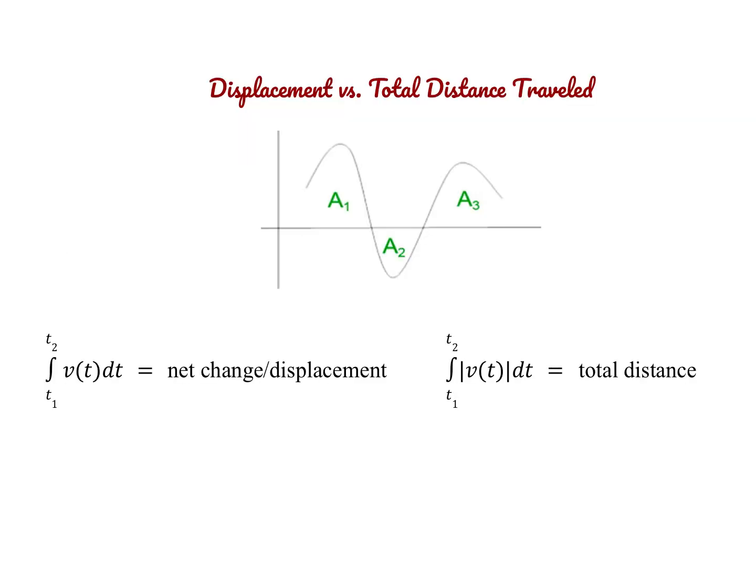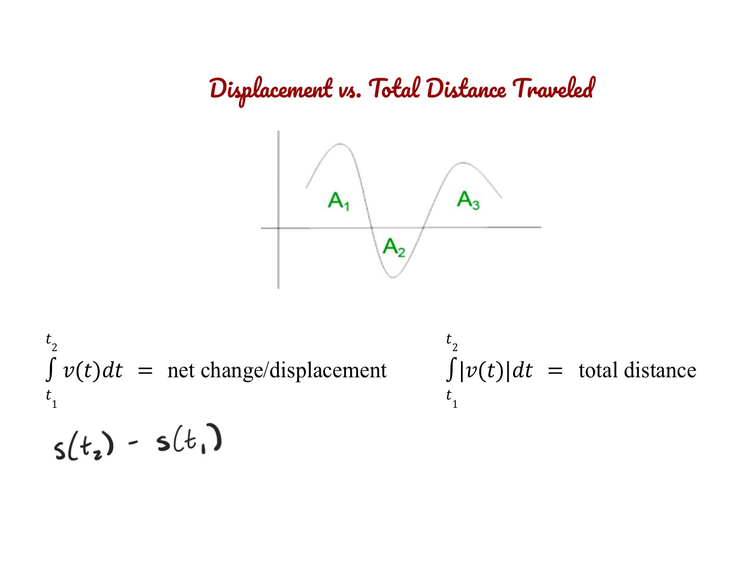So now I want to take a moment and talk about the difference between displacement and total distance traveled and how that relates to our integrals. So here, if we have the integral from t1 to t2 of v(t) dt, we know that the antiderivative of velocity is position. So it would just be s of t2 minus s of t1.